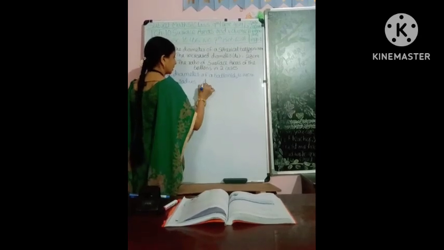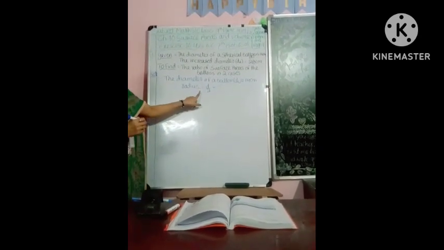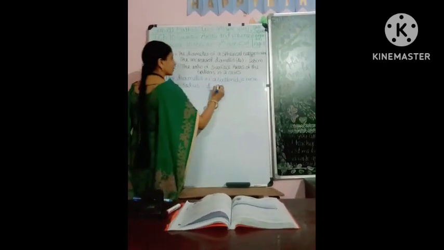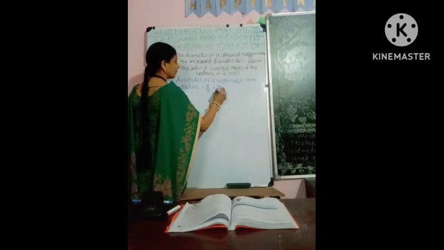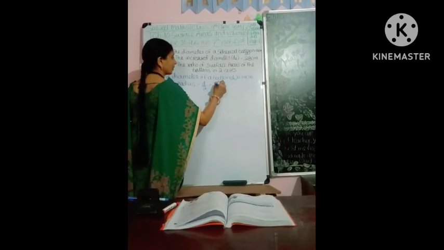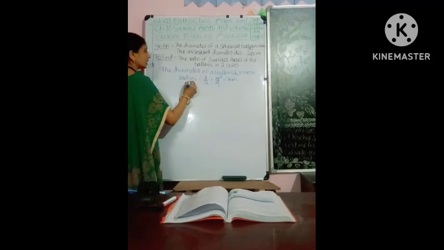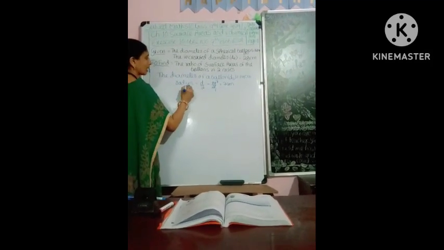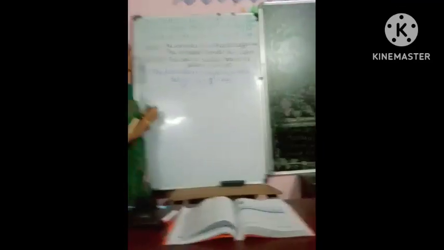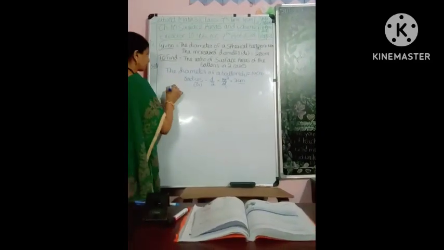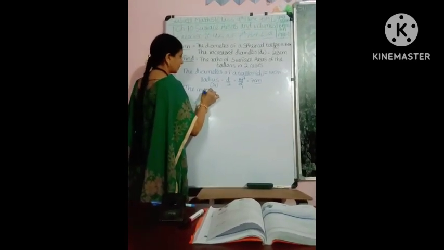Half of the diameter. Do you know this formula? So r equals diameter by 2, that is 14 by 2. We simplify this: 2 ones are 2, 2 sevens are 14. So 7 centimeters. This is R1. R1 is equal to 7 centimeters. Next, the increased diameter. D2 is given.